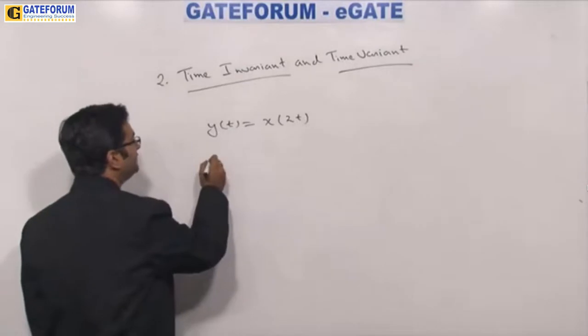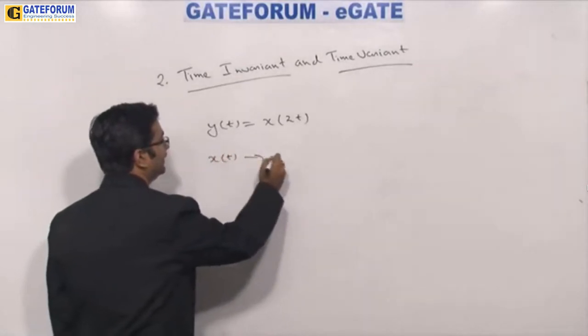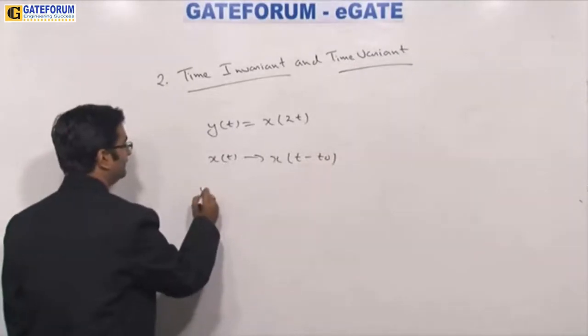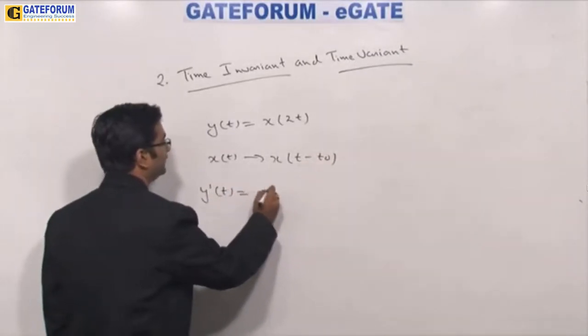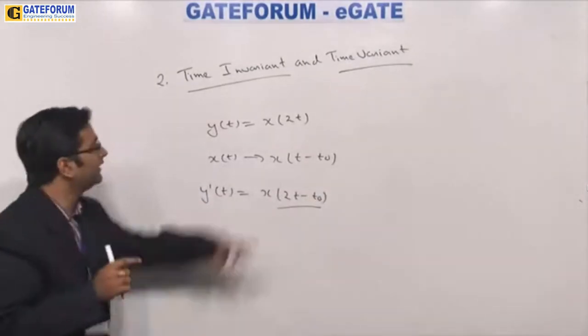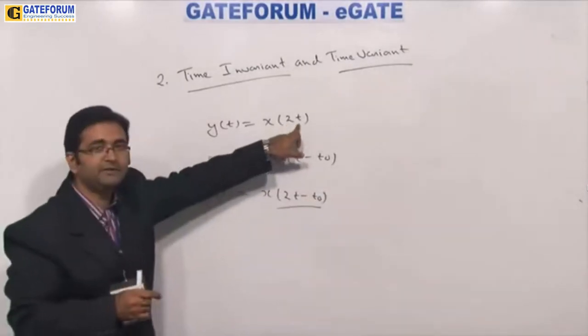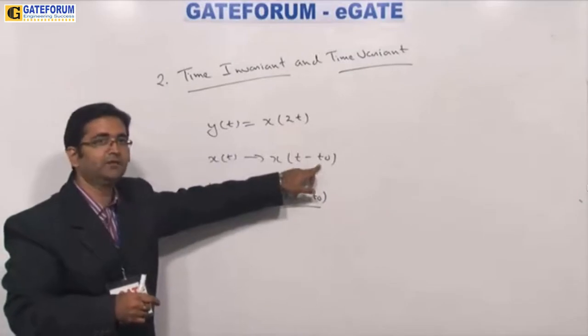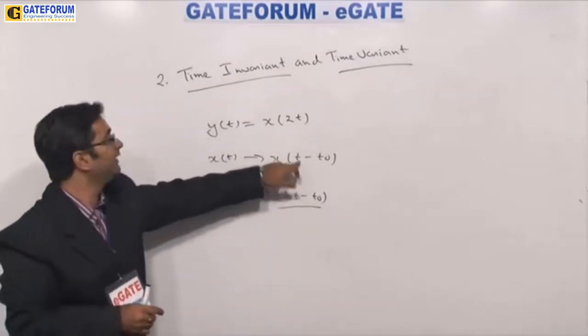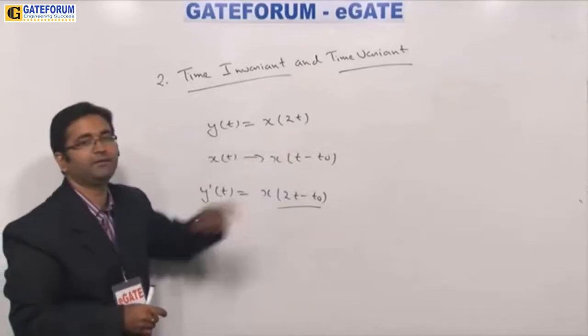Now, if I shift x(t) to x(t minus t naught), I will have y'(t) equal to x(2t minus t naught). See what I have done here. The scaling operation is done only on the time variable t, not on the constant. So once I shift x(t) to x(t minus t naught) and put it in, I get x(2t minus t naught).